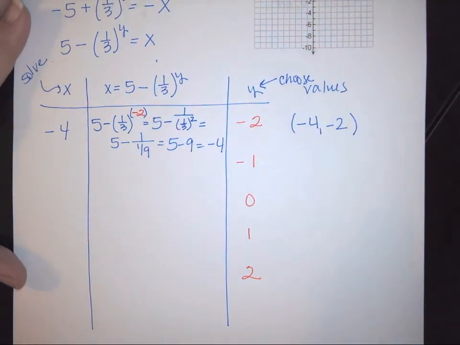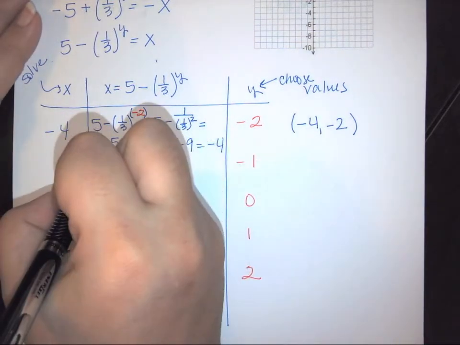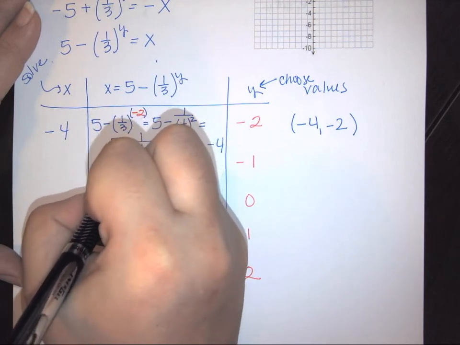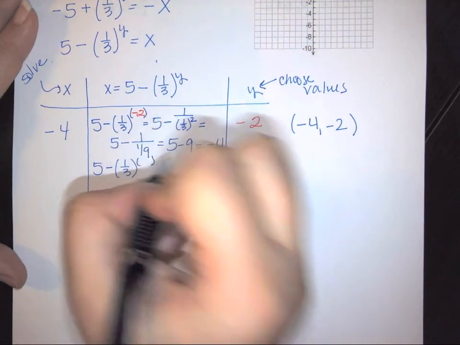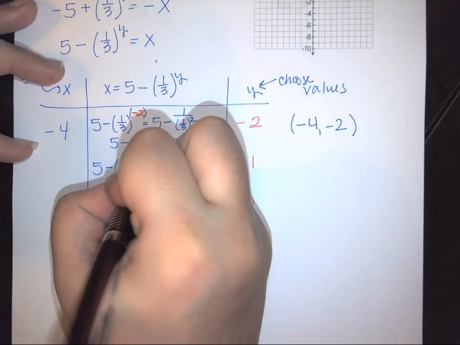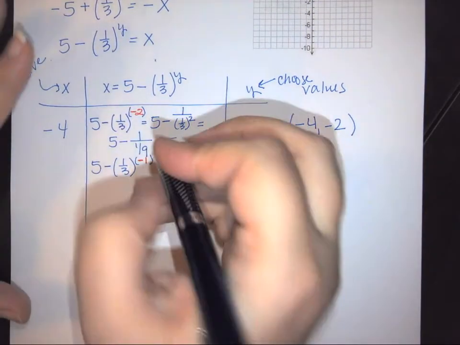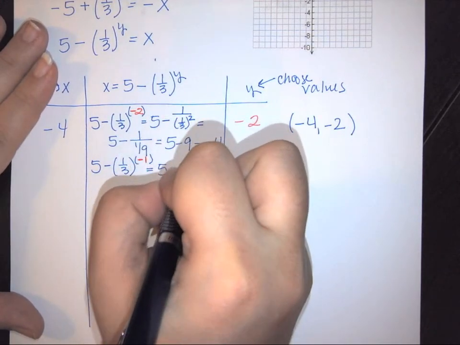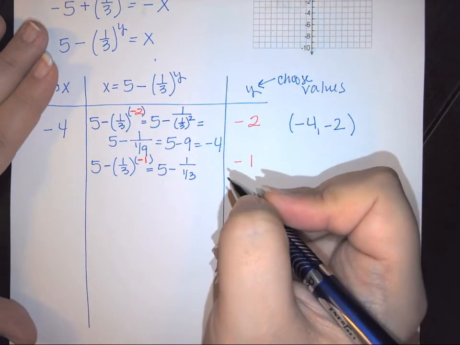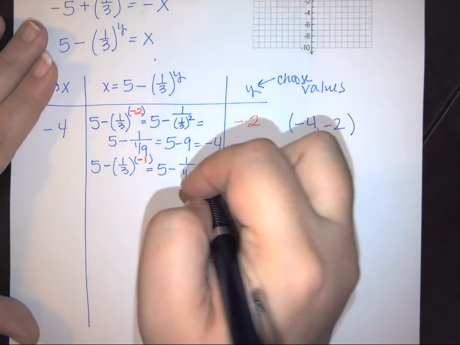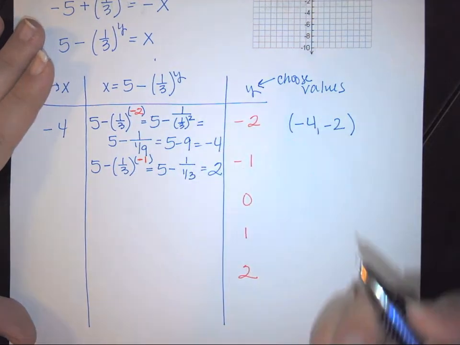And now we have to do it again with my -1. So here, this becomes 5 minus my 1/3 raised to the value. This value is a -1. So this is going to be the same as 5 minus 1 over 1/3, which is going to be the same as 5 minus 3, which gives me 2.